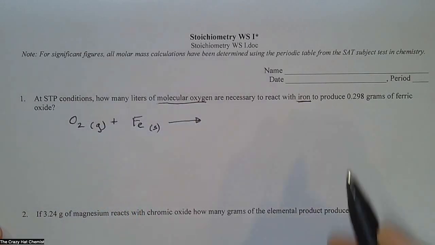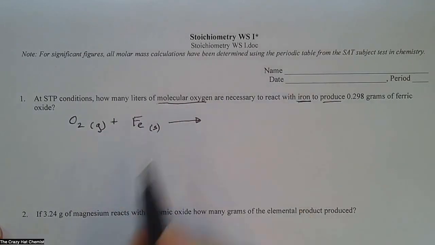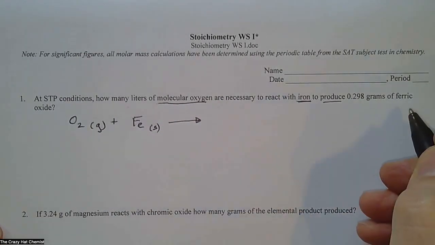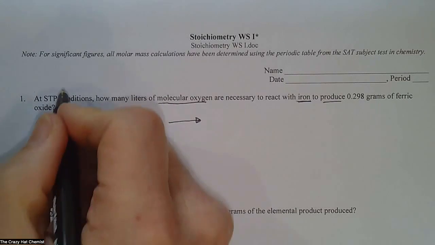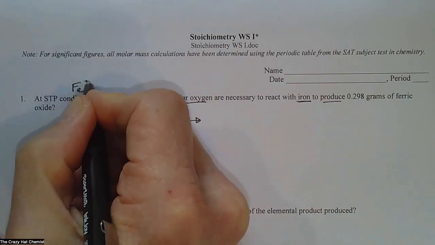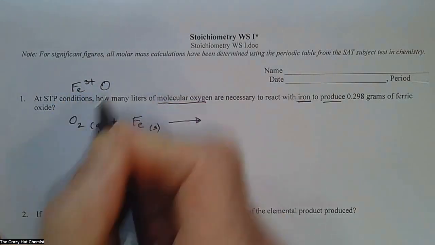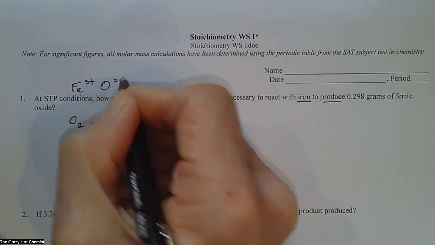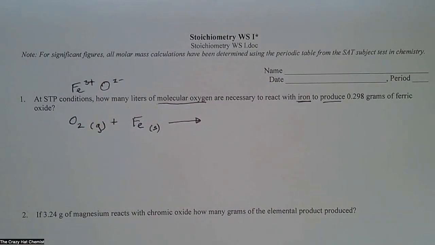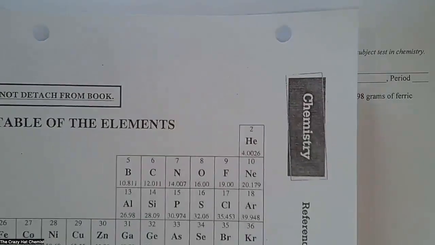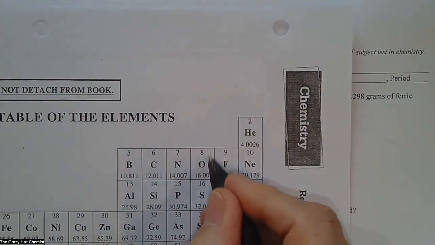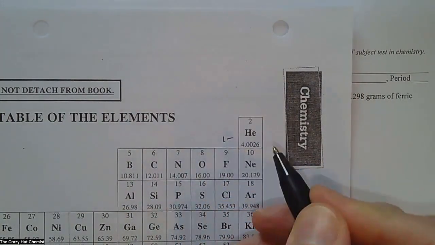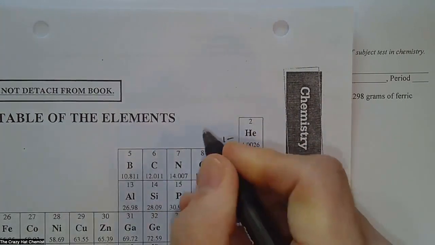And then it says to produce, that means that gives me my arrow, ferric oxide. Ferric is Fe3 plus. Oxide is a periodic trend charge of 2 minus. So just making sure that everybody's okay with that here. And there's oxygen. That halogens has a 1 minus charge.